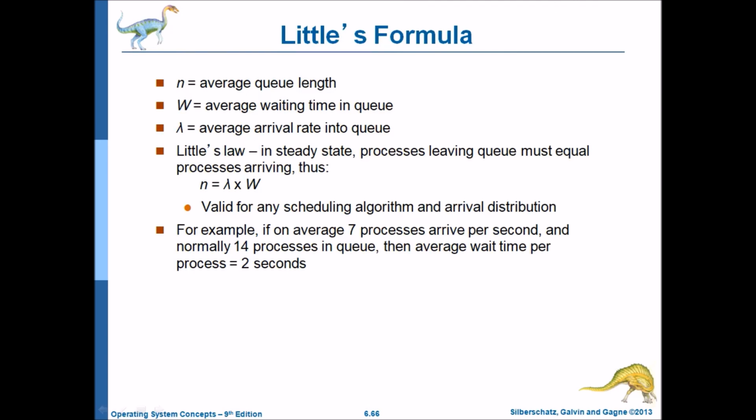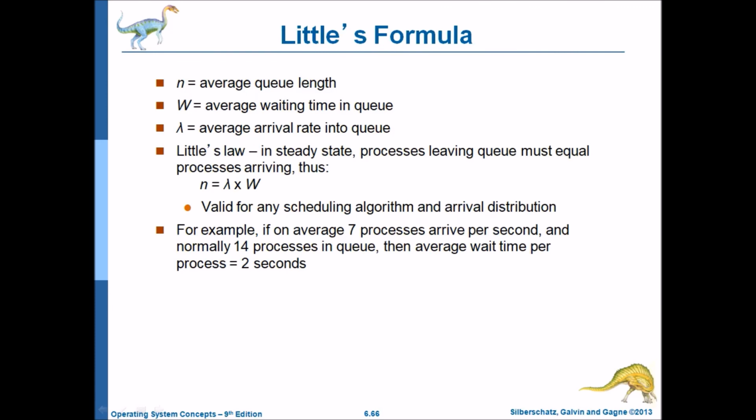If the system is in a steady state, then the number of processes leaving the queue must be equal to the number of processes arriving. Thus we have the formula n equals delta times w, which is known as Little's formula.